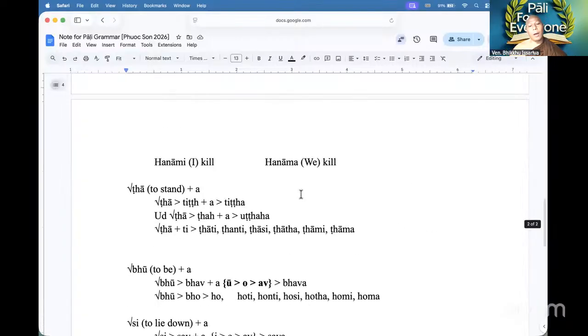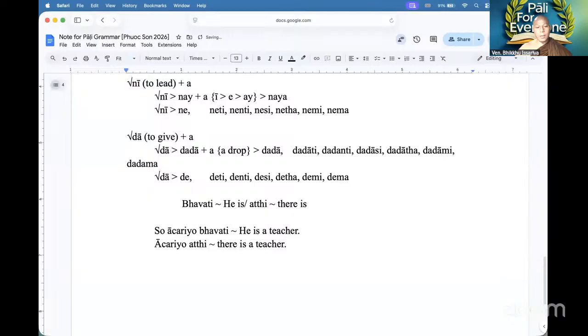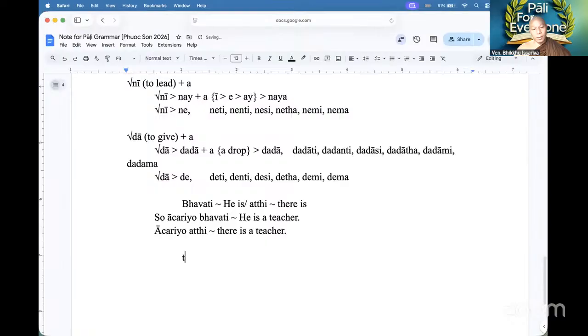So actually only with bhavati and ati there is a difference. In the second person, like Doan, the forms asi and hosi have the same meaning, you are.